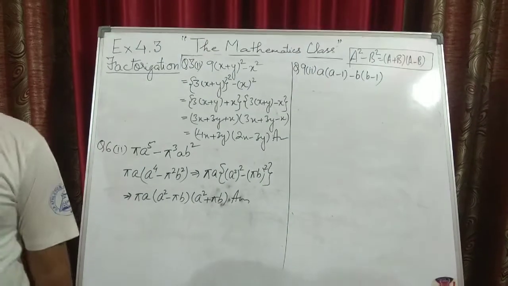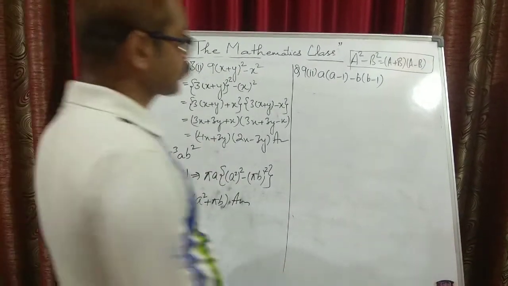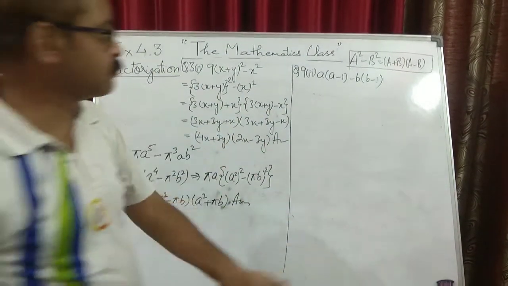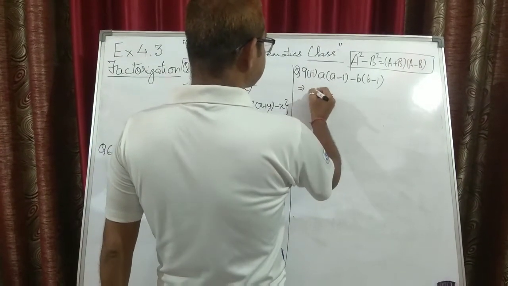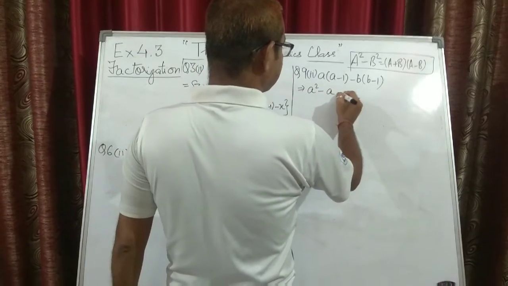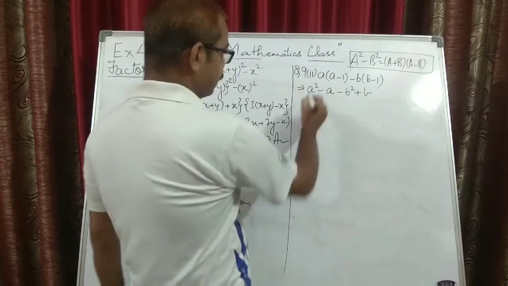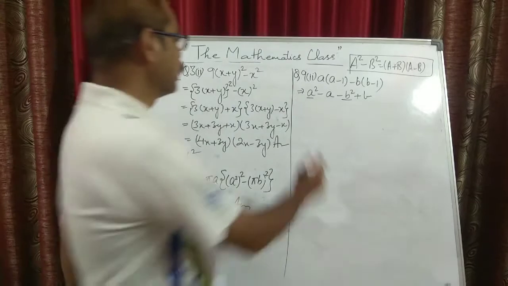Now as you can see that there is nothing common in this. So what we'll do, we will just open the bracket or multiply the bracket or try to make it easy. Now this can be written as a square minus a minus b square plus b. Now we are going to rearrange them. How?